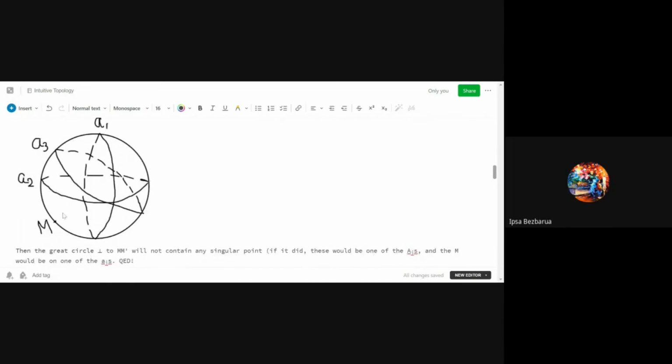I'm just drawing the sections over here because drawing the points also would be a little bit messy. Because I have a finite number of sections, I can always find a point on the sphere which does not lie on any of these sections.